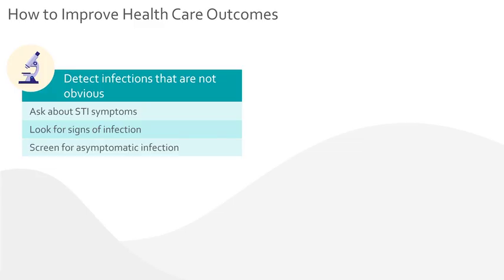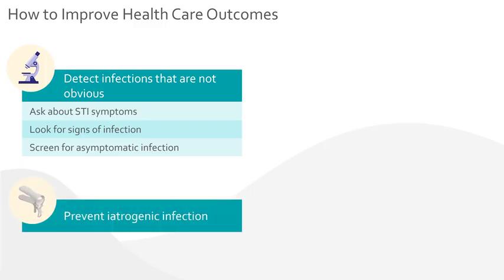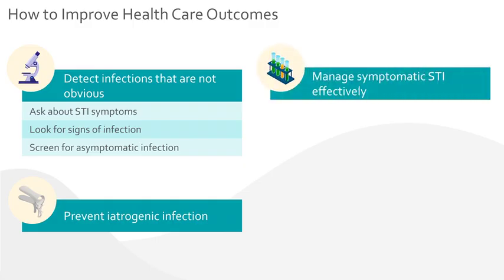Screen for asymptomatic infection with STI laboratory testing where possible. Prevent iatrogenic infection by following universal precautions, using aseptic technique, and ruling out or treating cervical infection before performing transcervical procedures.